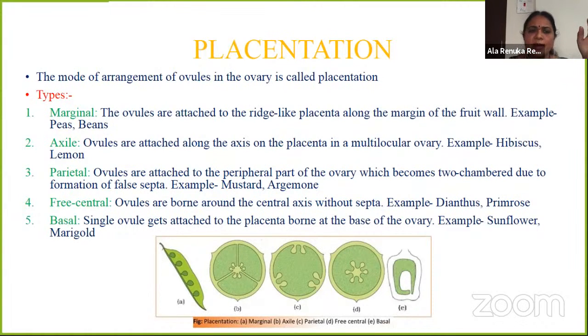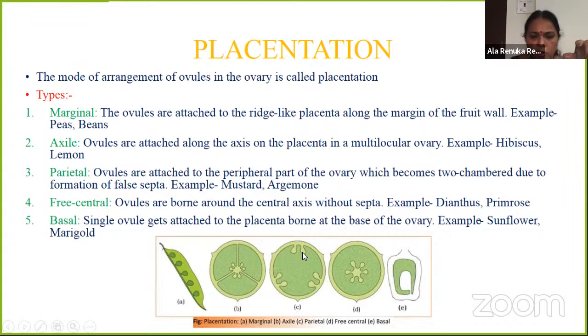Parietal means outer, peripheral; periphery means outside. In parietal placentation you can see the ovules are getting attached on the peripheral side, towards the periphery. Here it is not truly bilocular; it actually becomes bilocular, two chambers, because of the formation of a false septum.